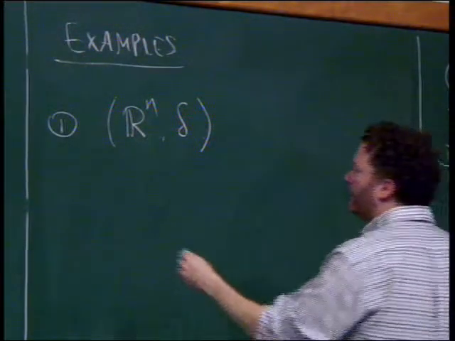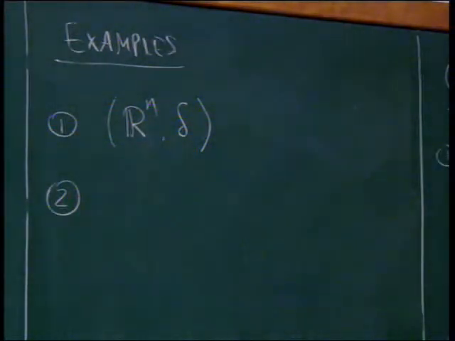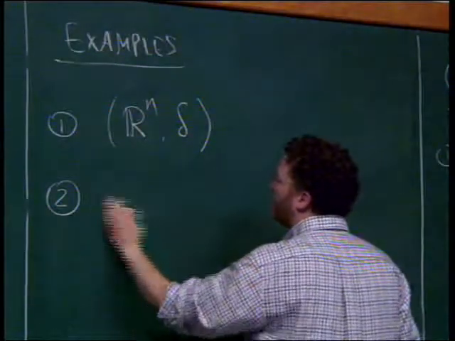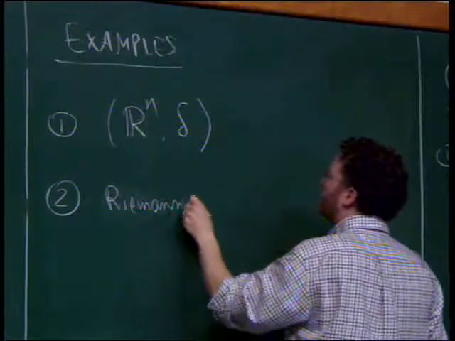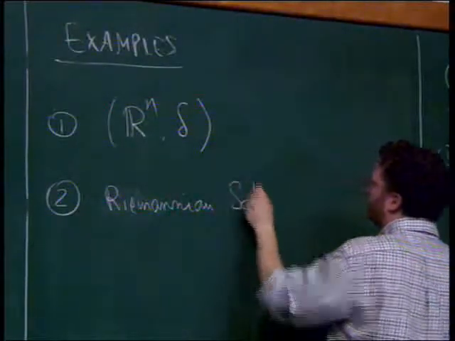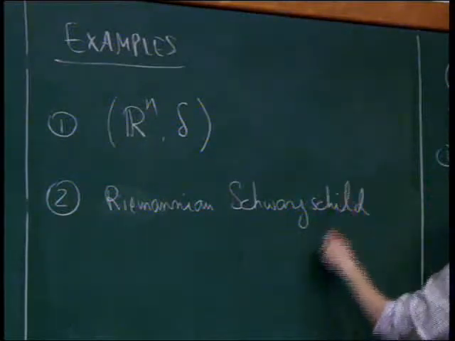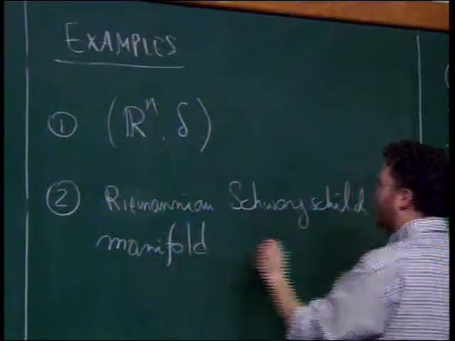And another very interesting example, now this one will have boundary, is the so-called Riemannian Schwarzschild manifold. So what is this?